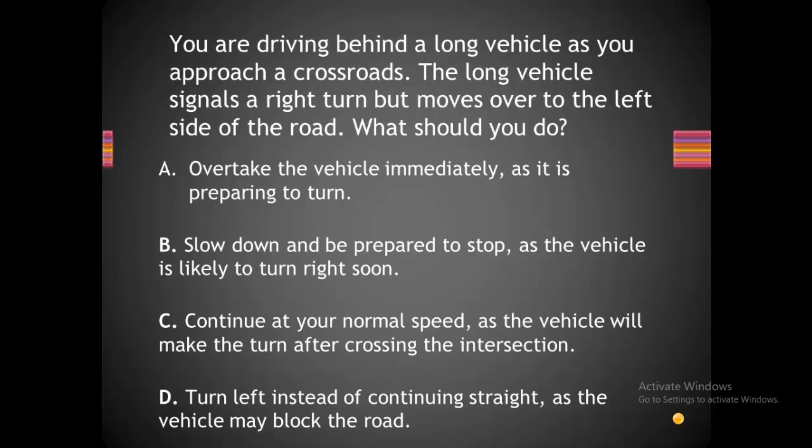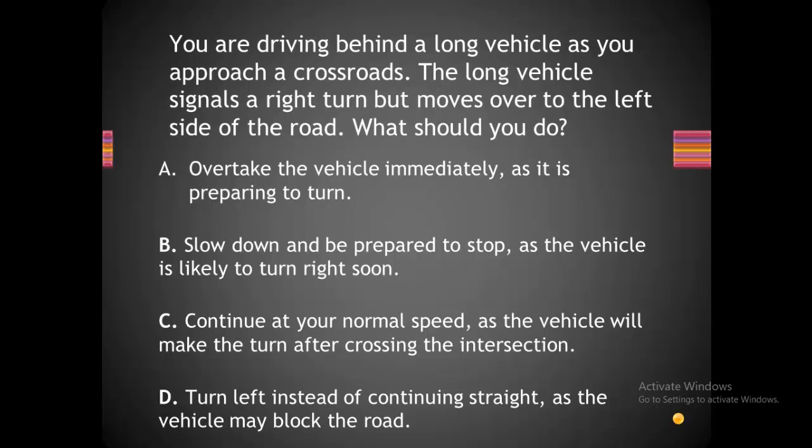You are driving behind a long vehicle as you approach a crossroads. The long vehicle signals a right turn but moves over to the left side of the road. What should you do? Option A, overtake the vehicle immediately as it is preparing to turn.